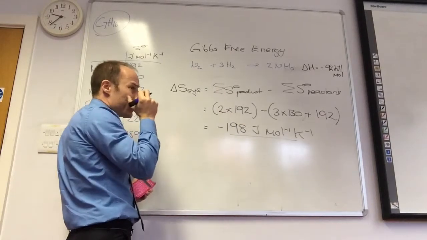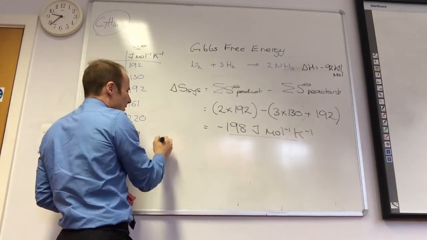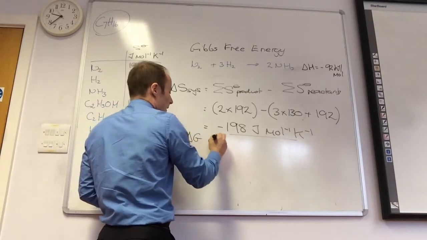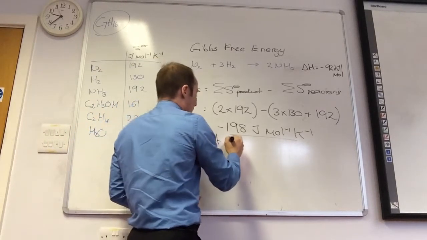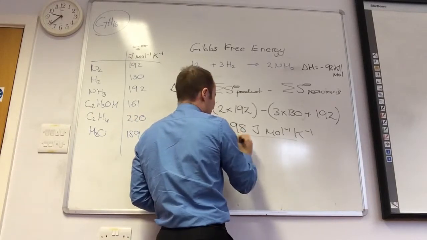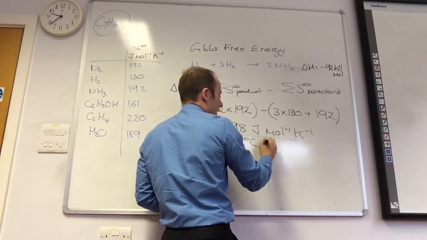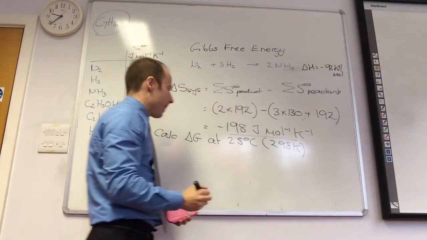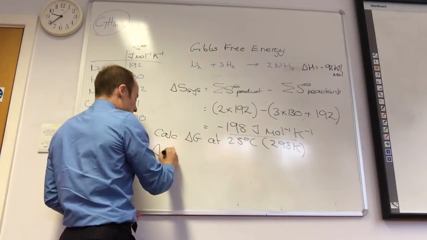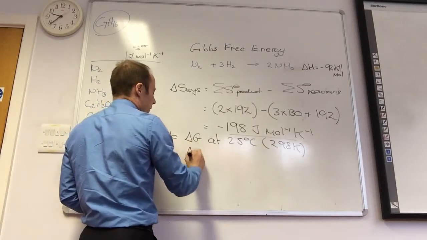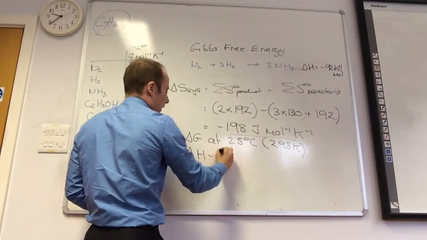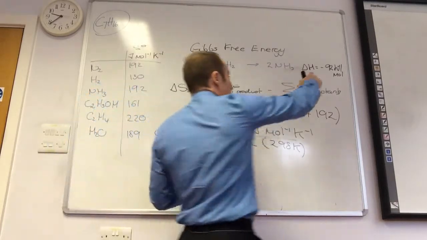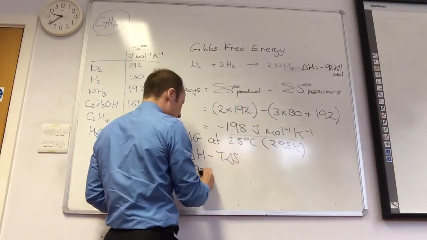Then to use it in Gibbs free energy, they've asked me to calculate Gibbs free energy at 25 degrees C. Now remember, 25 degrees C is 298 Kelvin. So delta G is going to be delta H minus T delta S. Delta H, they told me, is minus 92.